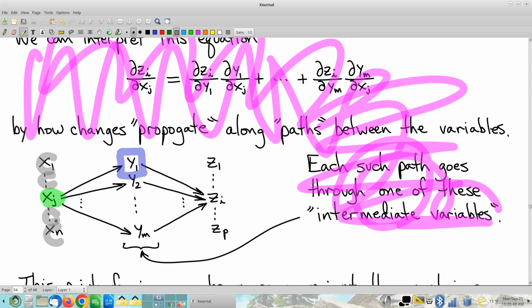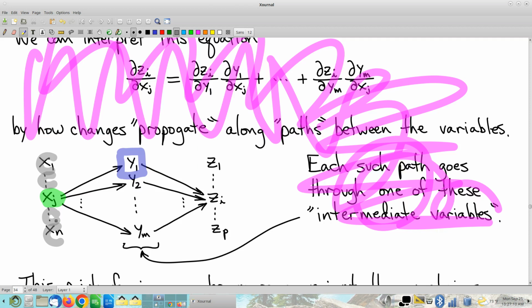Now, here's another observation. In this story, as xj changes, all these other y variables are going to change too. For the purposes of the partial derivative I'm talking about, I don't actually care how the other y's are changing, but they are, right?